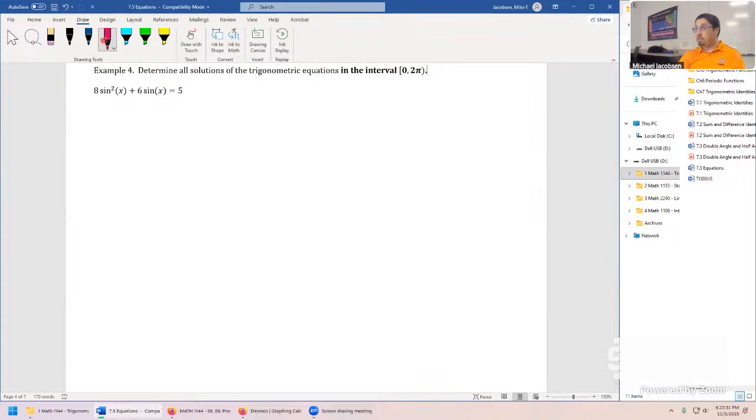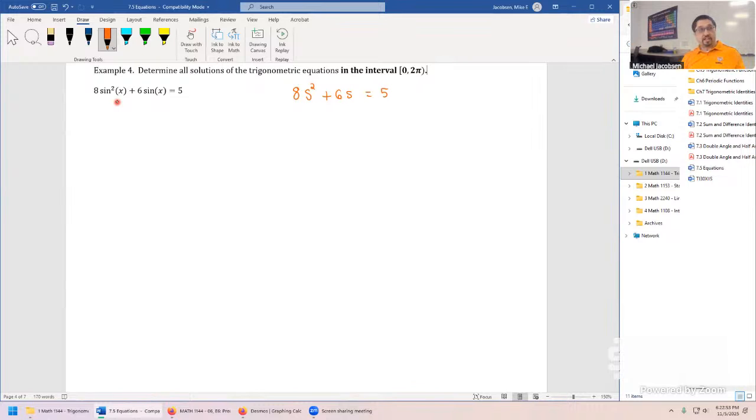But here's the thought of this one. It feels more abstract than it really is. At its heart, it's just a factoring problem. You could rethink of this equation by analogy as 8s squared, or x squared if you preferred, plus 6s, or minus, this is a sine equation, equals 5.